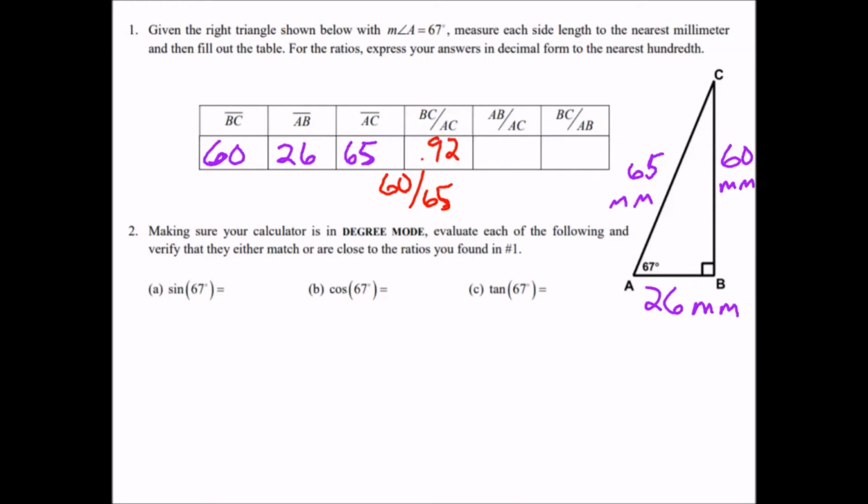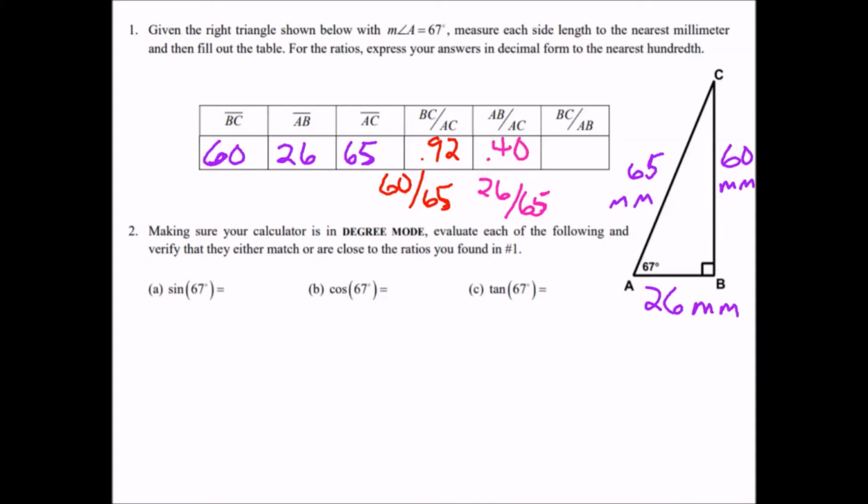And again, depending on what you have for your measurements, you might have something slightly different, but it should be right around 0.92. All right, AB divided by AC. AB is 26, AC is 65. So 26 divided by 65 rounded to the nearest tenth is 0.40.